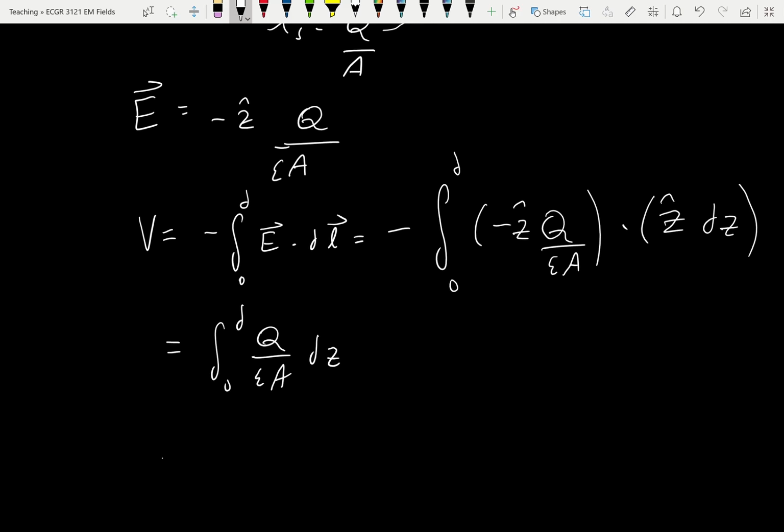So there is no function of z inside the integral, so I can take Q over epsilon A out, and then I'm integrating dz from 0 to D, so this is D minus 0.